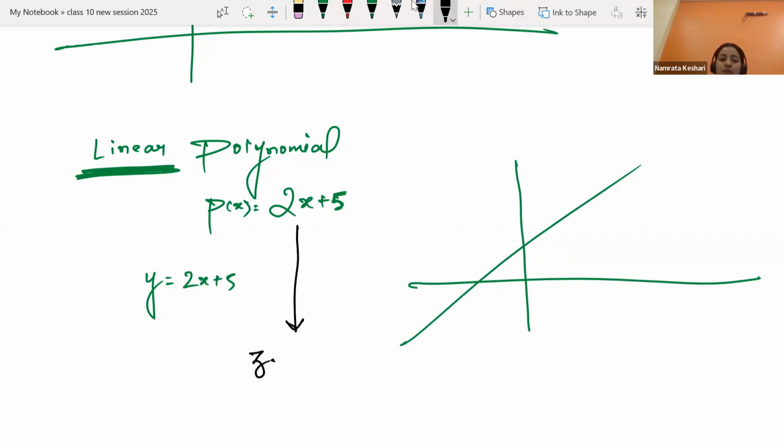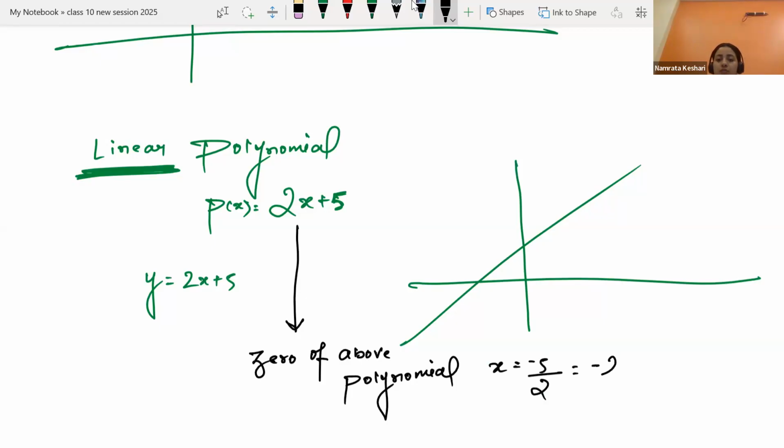Please tell me. x equals minus 5 over 2, which is minus 2.5. So here this is the zero, minus 2.5.